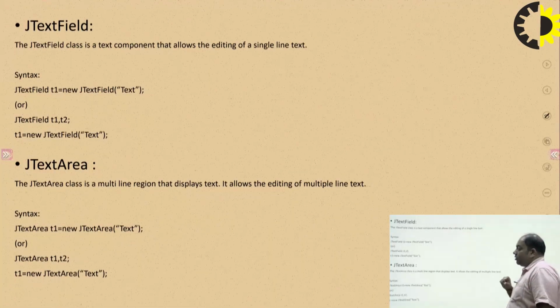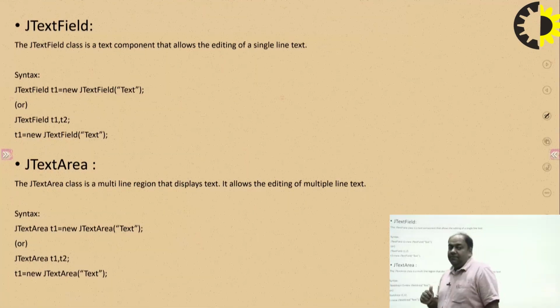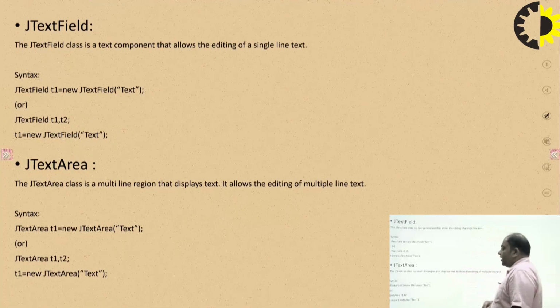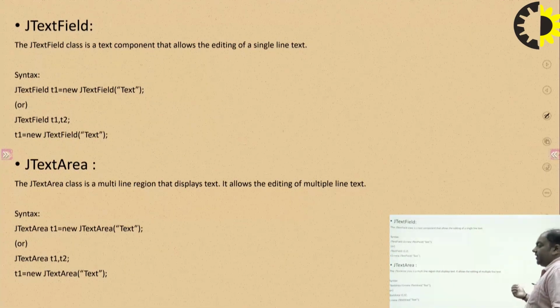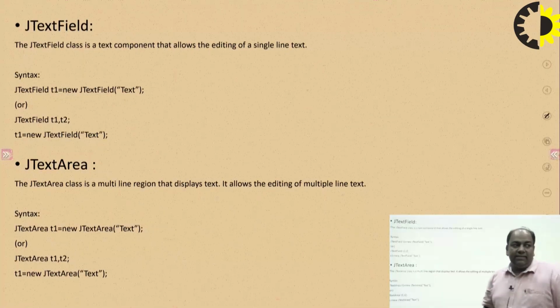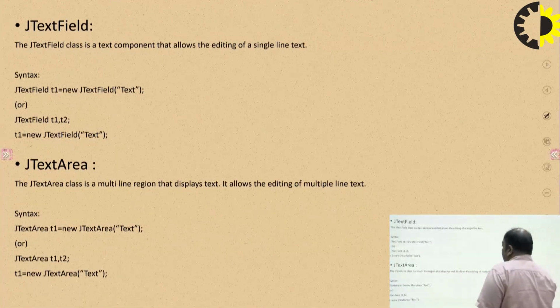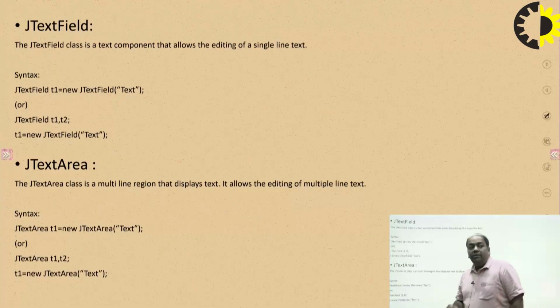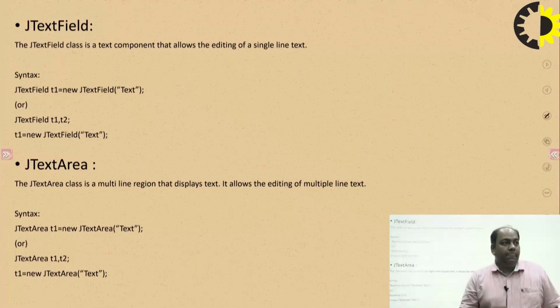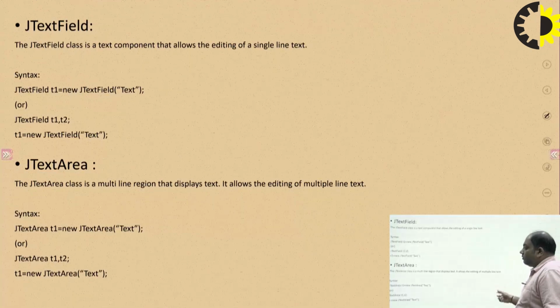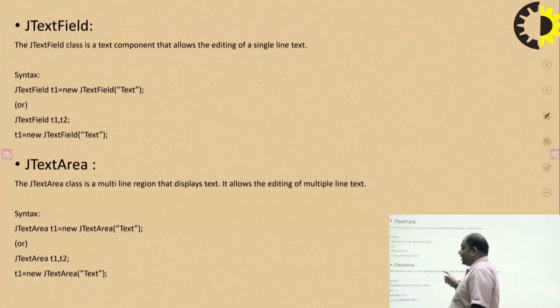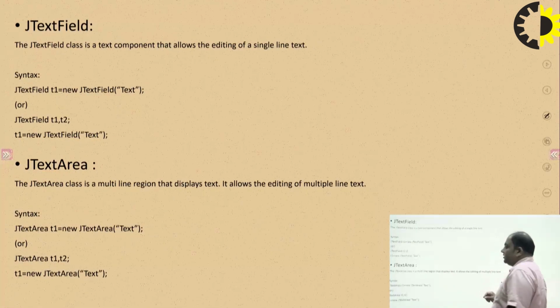But when we want to ask for the address, we use the text area because a text area allows multiple line text. For the address, the area should be large and the address should be more explanatory. So for asking the address, we use JTextArea.